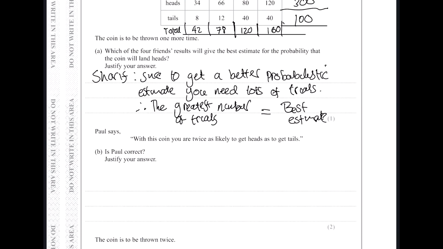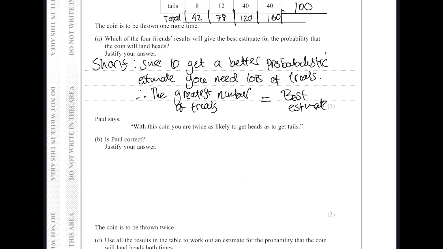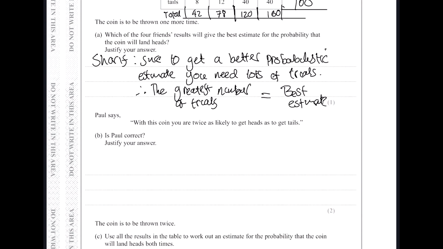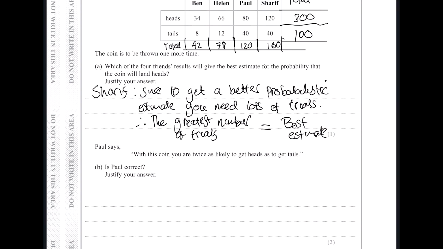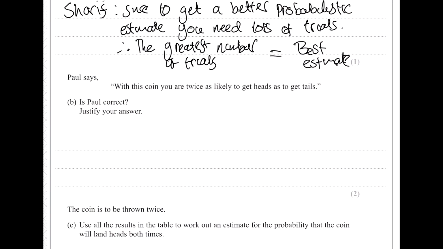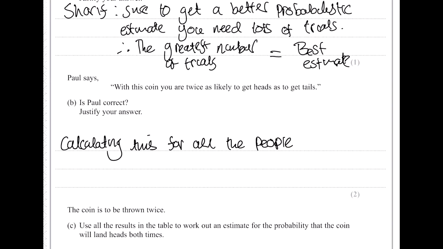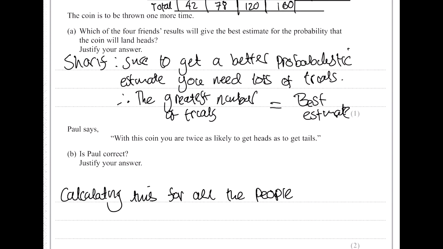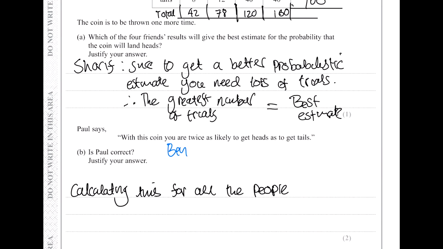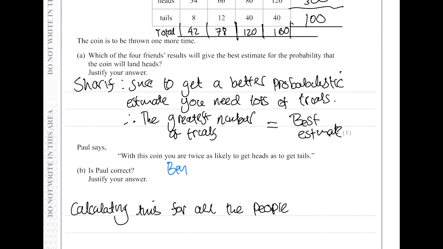Okay, so now Paul says, with this coin, you're twice as likely to get heads than tails. So in order to show this, we can calculate this for all the people. So what we can do is firstly do it for Ben. So twice as likely to get heads than tails.